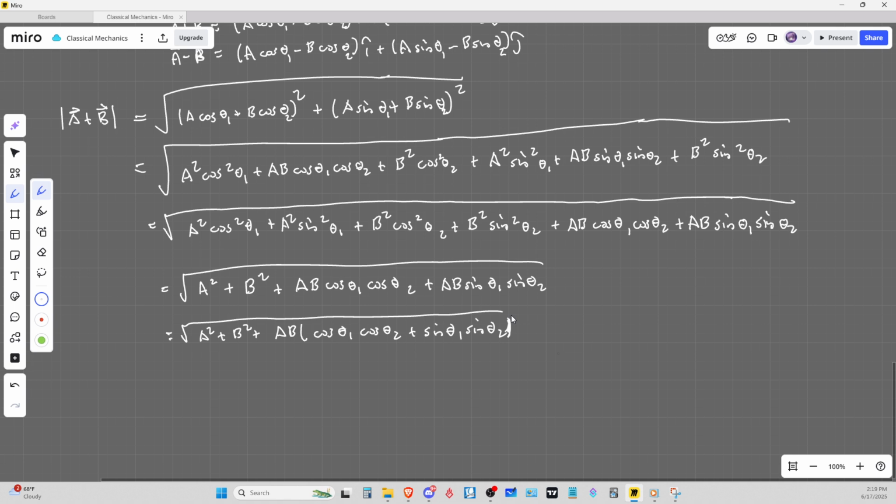Unfortunately, these cosines and sines are not the same theta, so we can't use the same addition trick. Would have been nice, right?